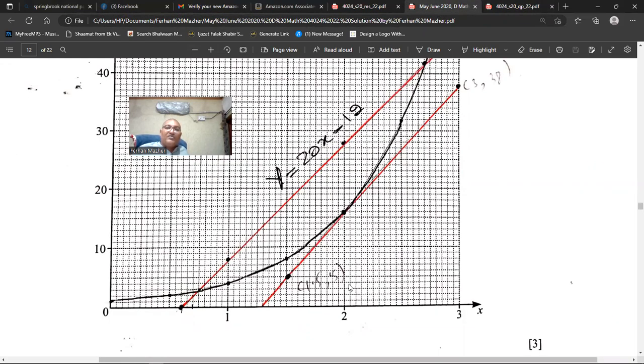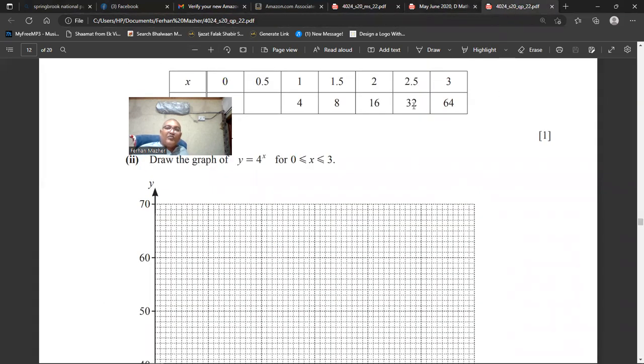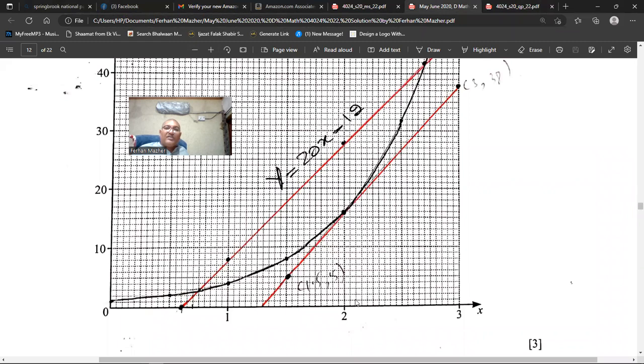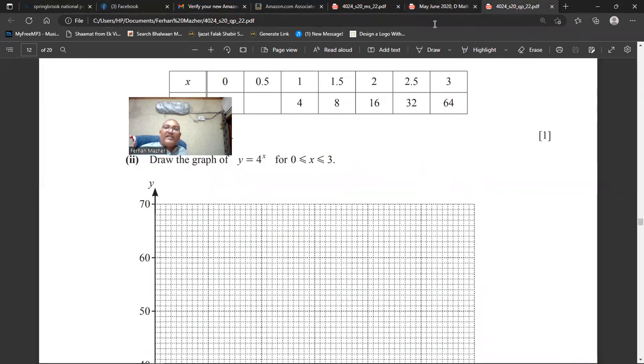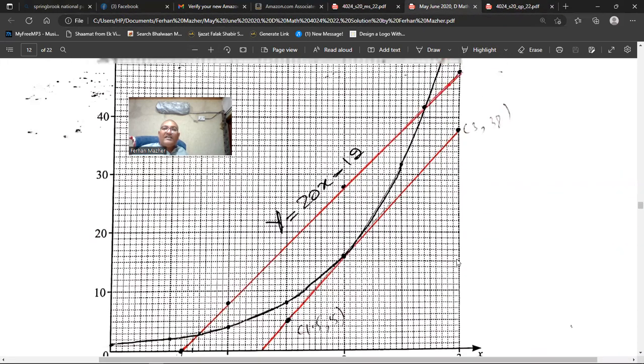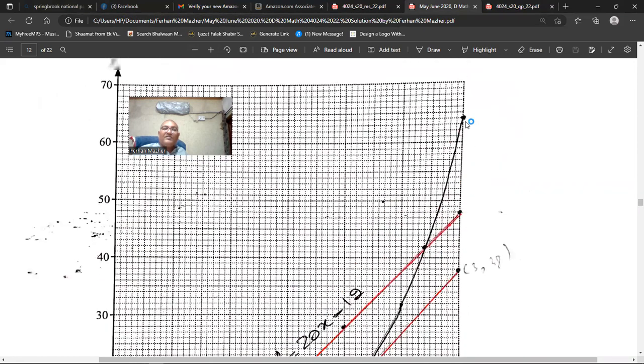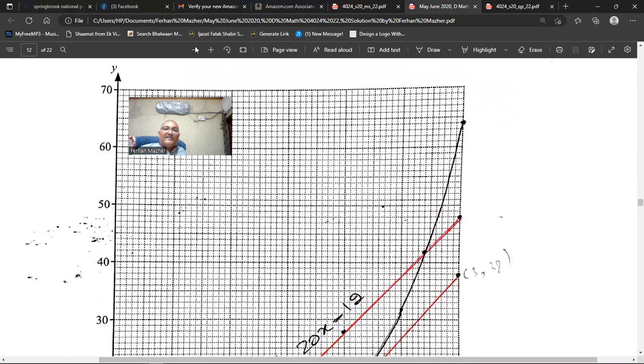I'll put this dot. And at 2.5, it will be 32. So I will put this dot, that is 32. And at 3, it will be 64. 64 is this dot.